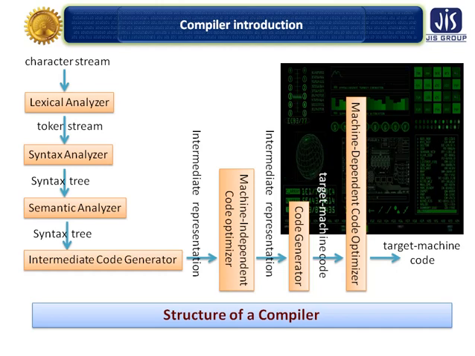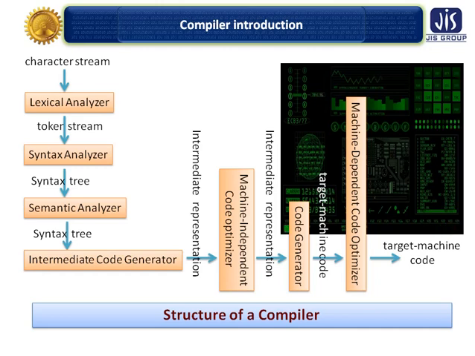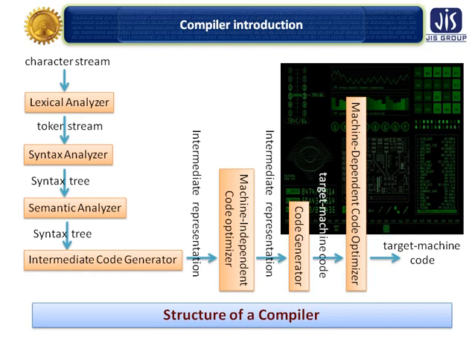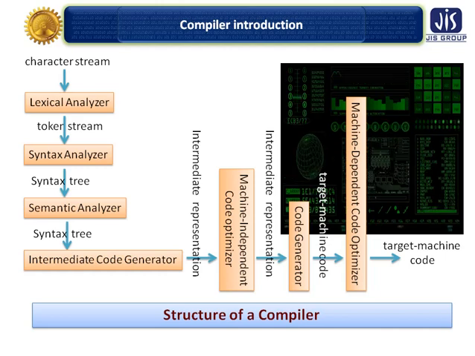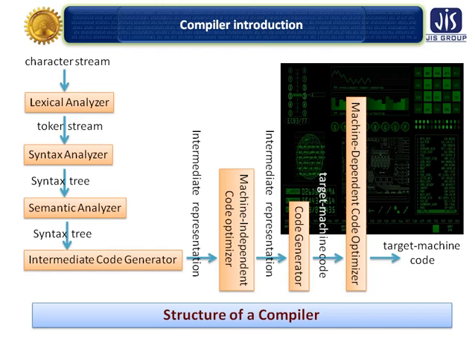Again, I told you why intermediate representation is required, so that the back end can produce a better target program than it would have otherwise produced from an unoptimized intermediate representation.